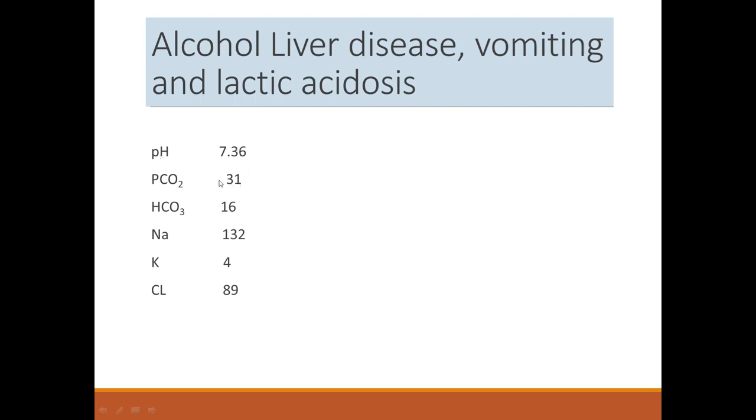So with these two steps, we are sure that it's not predominantly respiratory acidosis, as the PCO2 is not more than 40. Now, bicarb is 16, suggestive of the metabolic acidosis, and at the level of 16, we can calculate the anion gap, which is 27, and what will be the expected PCO2 and the delta.